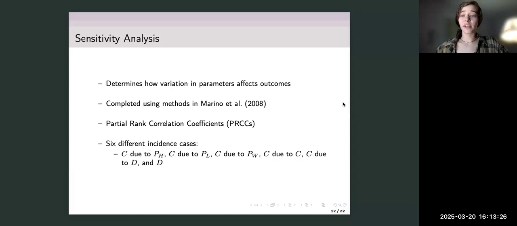We also looked at 6 different incidence cases. So as you remember, we were looking at the incidence of colonizations due to contact with high traffic areas, low traffic areas, and healthcare workers, as well as colonizations due to contact with other colonized residents, due to contact with diseased residents, and then just the incidence of diseased.